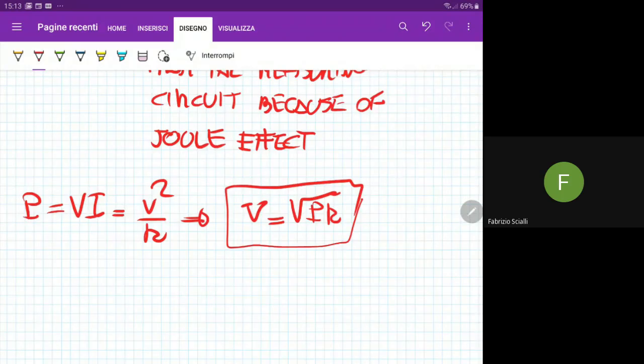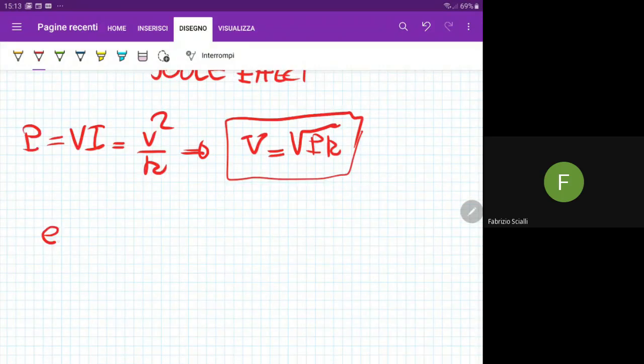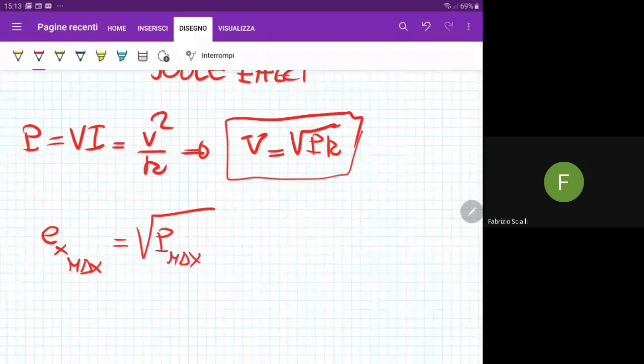So your maximum input tension, E_X maximum, that could be used in order to increase the sensitivity of your transducer, is given by the square root of the maximum power that your circuit is capable of dissipating, times the resistance of your potentiometer, RP.